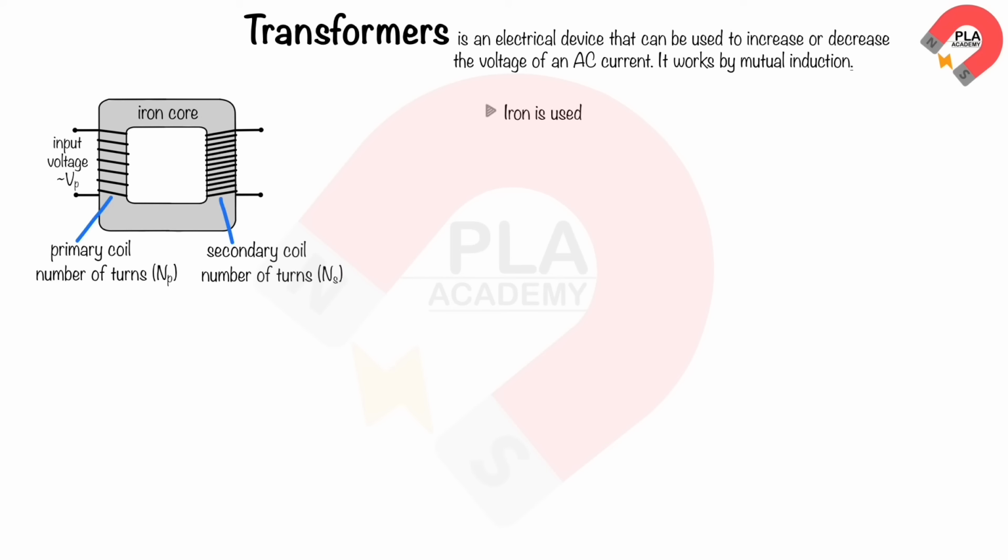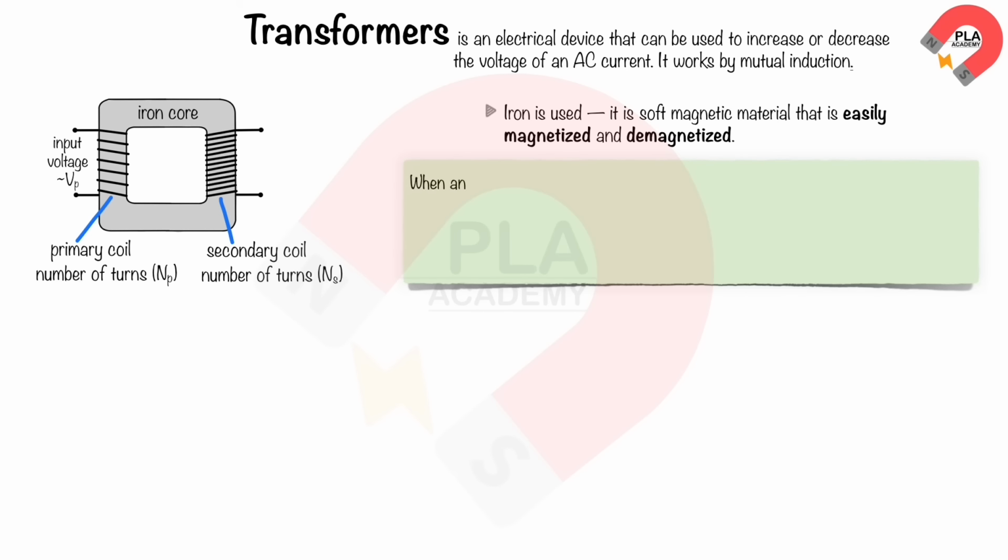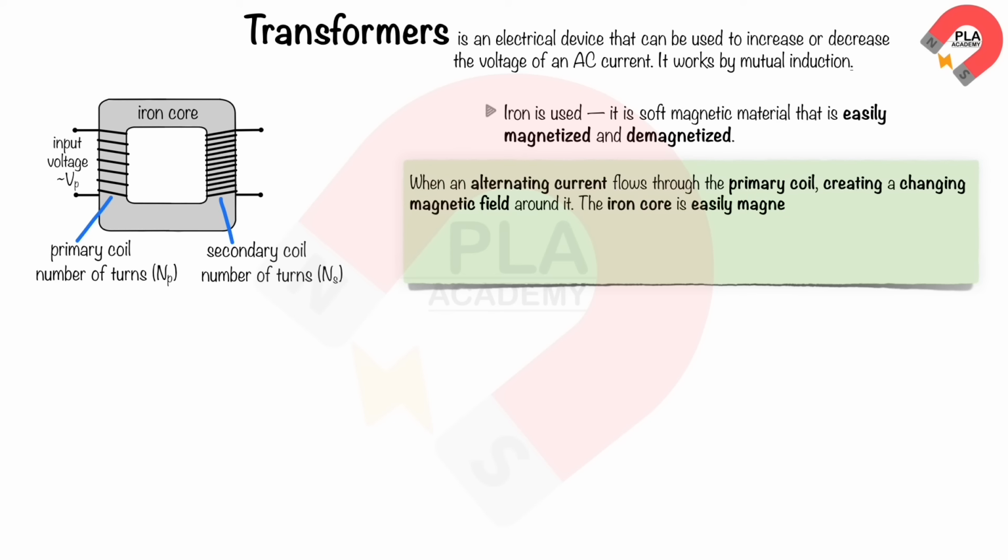Iron is used because it is a soft magnetic material that is easily magnetized and demagnetized. When an alternating current flows through the primary coil, creating a changing magnetic field around it, the iron core is easily magnetized, so the changing magnetic field passes through it to the secondary coil.